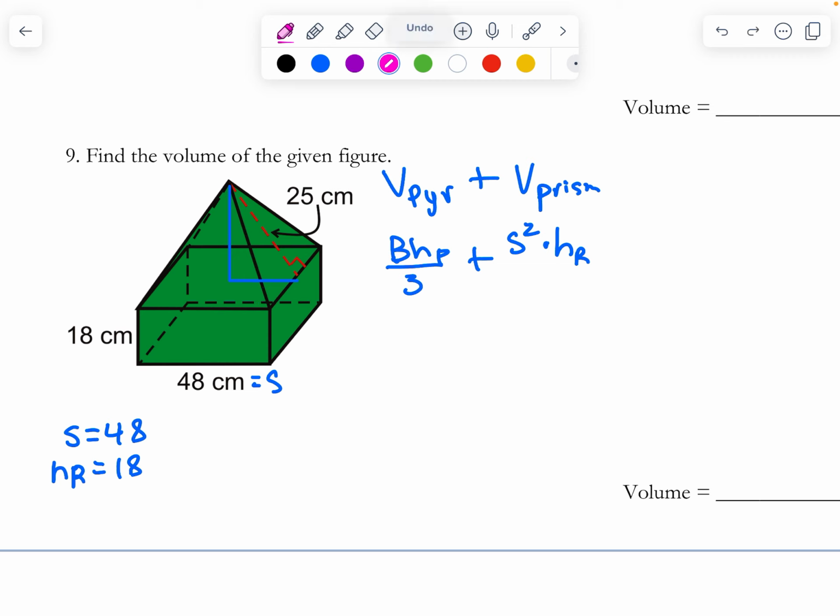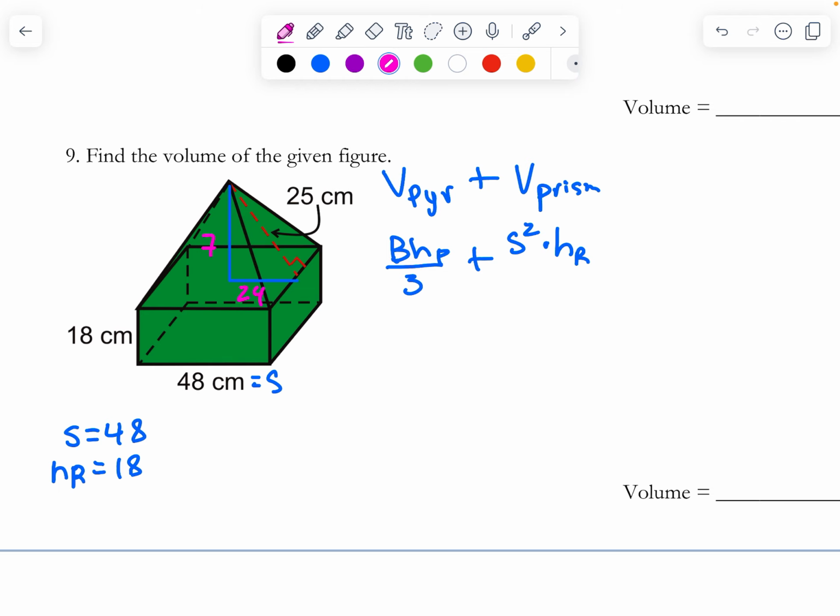Sorry, not 12. Since this is symmetrical, it's not being bisected per se, but it's the middle of the square here. So this would be 24. And oh, I actually know this triple. This is a 7, 24, 25 triple.